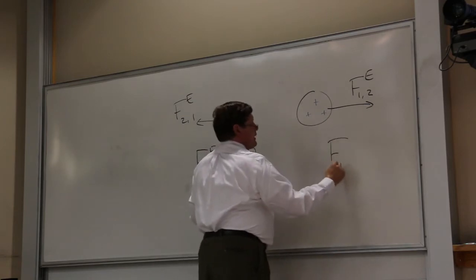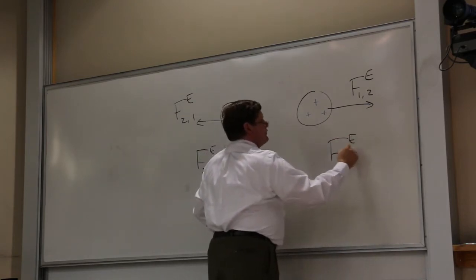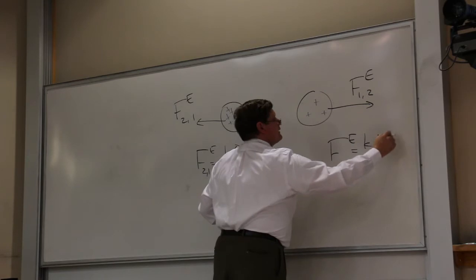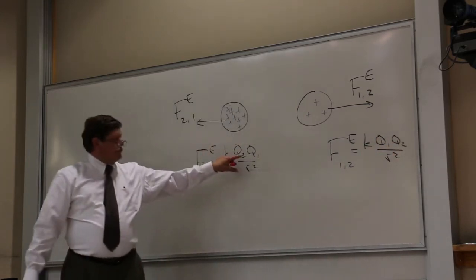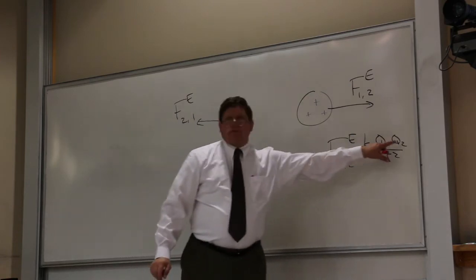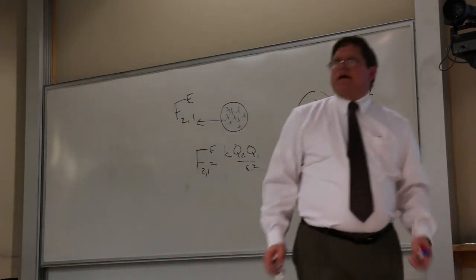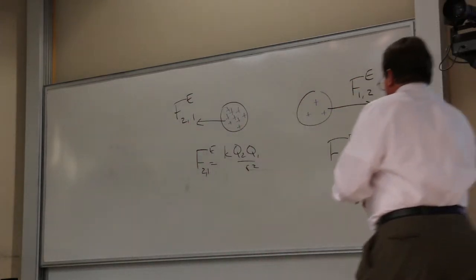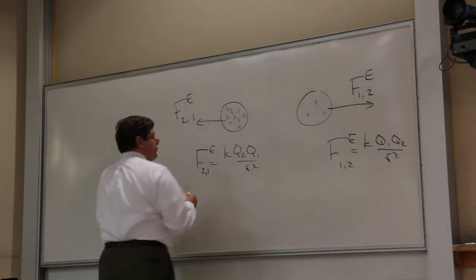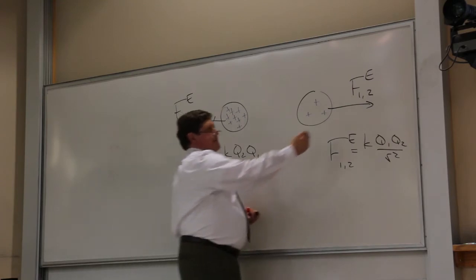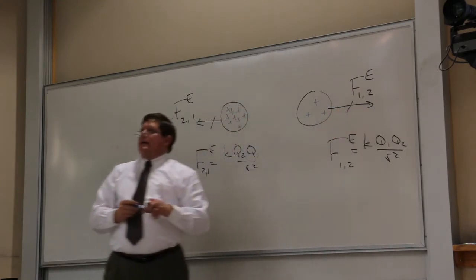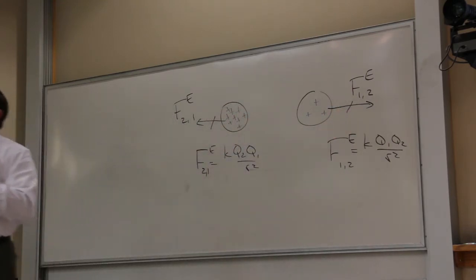This force by 1 on 2 is going to be K Q1 Q2 over R squared. Well, Q2 times Q1 is equal to Q1 times Q2. They have to be equal. And indeed, as we would do in 205, we would put a tick mark there and a tick mark there indicating that they are a match set, part of the same interaction. They are third law companions. Okay?